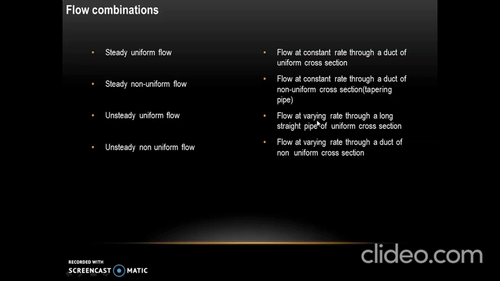And if flow is at varying rate through a long straight pipe of uniform cross section, then it is unsteady uniform flow. And finally, if the flow is at varying rate through a pipe of non-uniform cross section, then it is unsteady non-uniform flow.